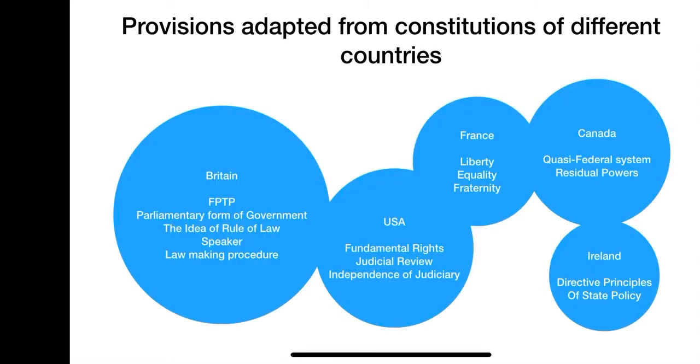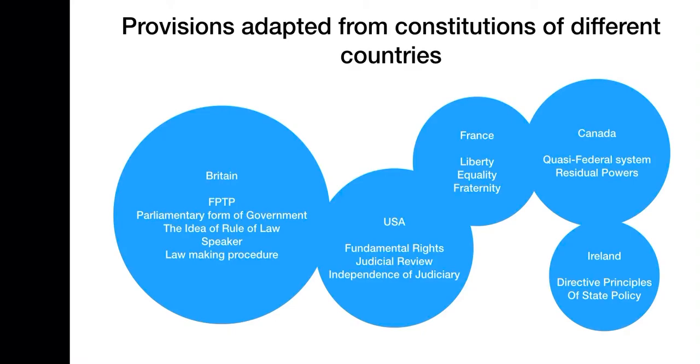So, Indian Constitution adopted different provisions from the constitutions of different countries. Like from Britain, Indian Constitution adopted the idea of FPTP, parliamentary form of government, the idea of rule of law, the role of speaker and its powers, also the lawmaking procedure. From the Constitution of America, India adopted the idea of fundamental rights, judicial review, and the independence of judiciary.